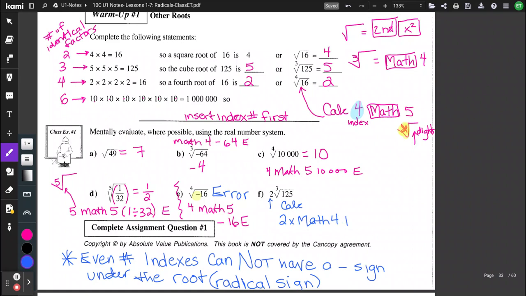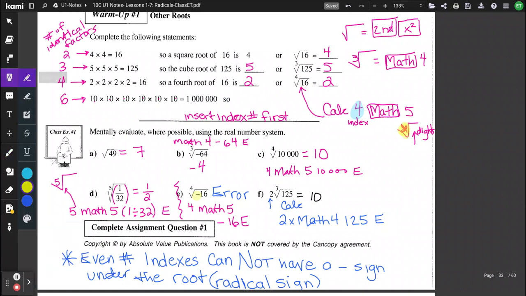And then you're going to type in 1, 2, 5, enter. So you should get 10. This should give you an answer of 10. Because the cube root of 125 is 5, and you're timesing it by 2. 2 times 5 is 10.